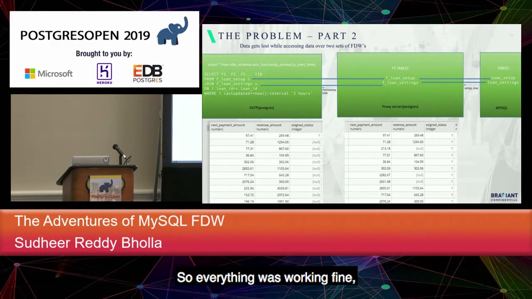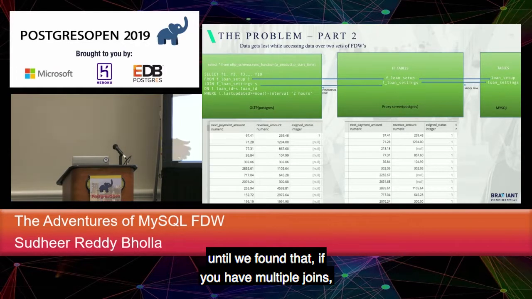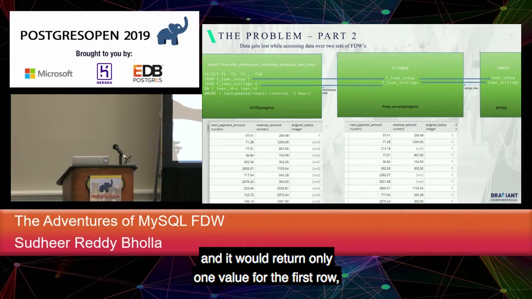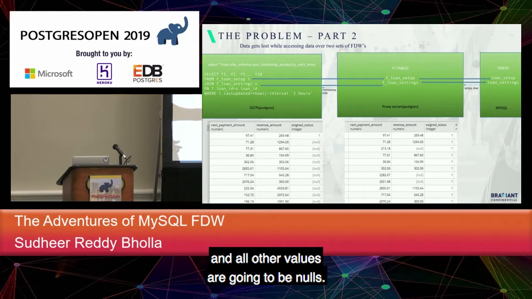Everything was working fine until we found that if you have multiple joins, one of the joins would somehow pull nulls, and it would return a value only for the first row, and all other values would be nulls.